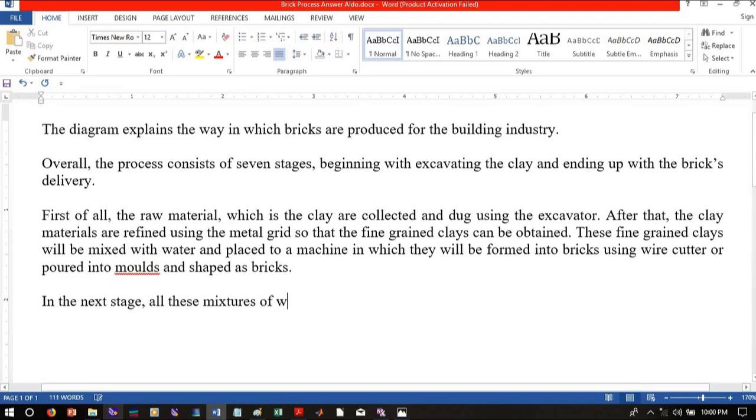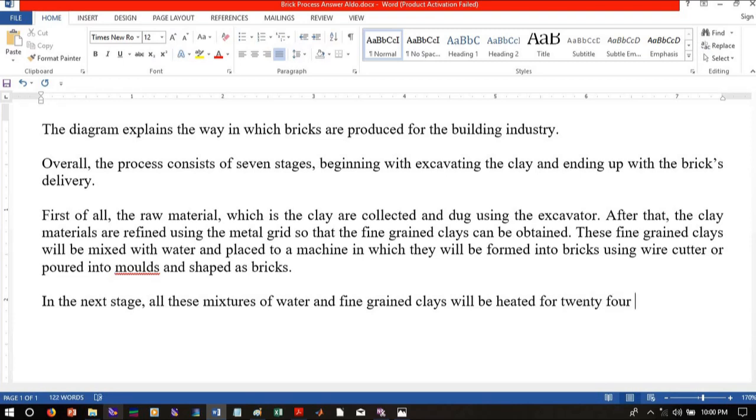All this mixture of water and fine grain clays will be heated for 24 up to 48 hours.